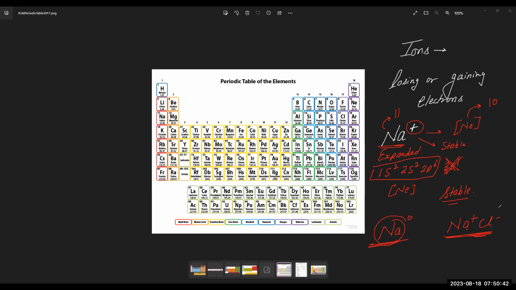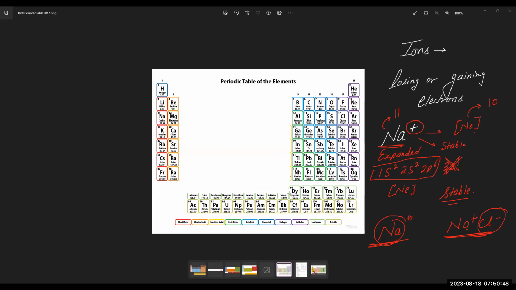Can we write the configuration of Cl minus, children? And let's see, is it stable? Cl minus means one electron gained. Cl is here, so how many electrons? 18. It's just argon. You can write it like this: 1s2, 2s2, 2p6, 3s2, 3p6.